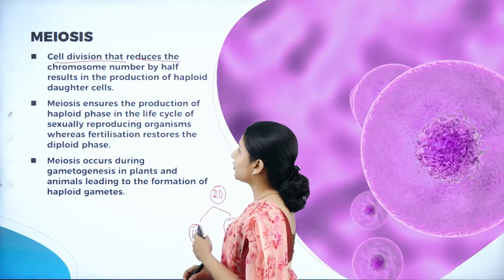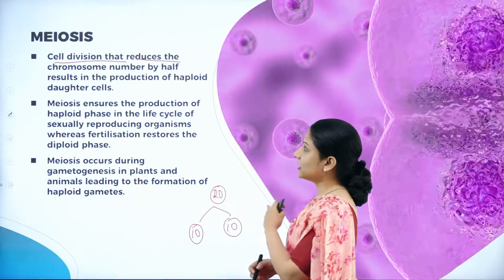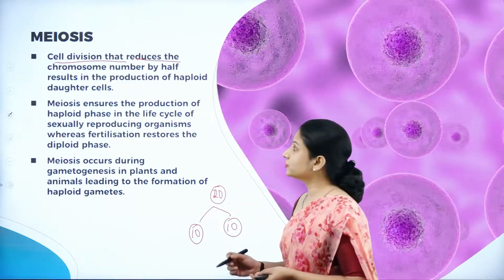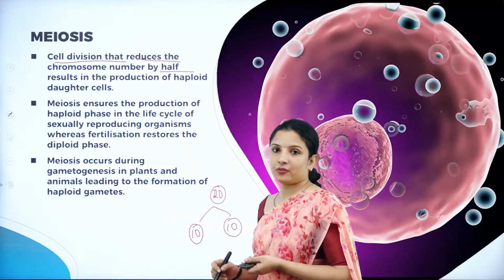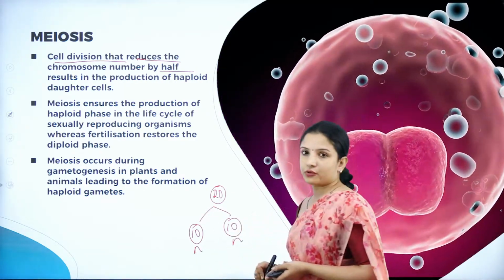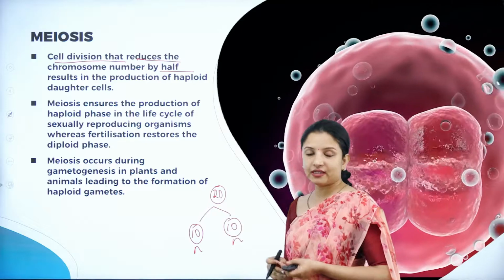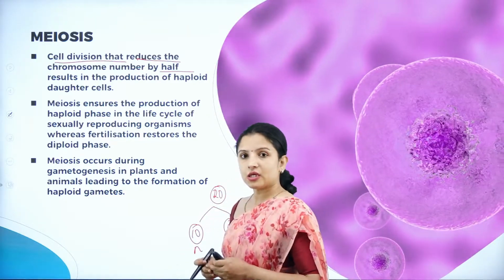Therefore, it is called the reduction division, which is nothing but meiosis. Here, the cell division reduces the chromosome number by half, which results in haploid daughter cells. So, from a diploid cell, haploid daughter cells will get produced. Therefore, it is nothing but meiosis.